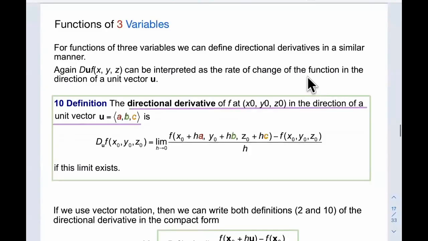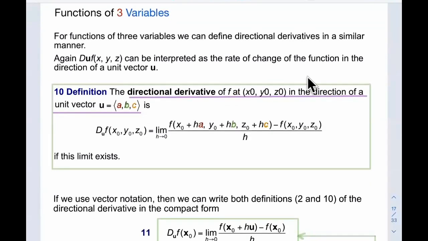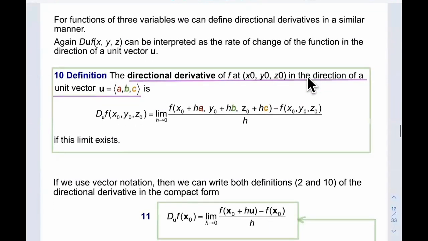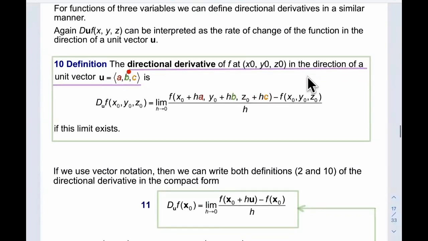Now we get to functions of three variables. It's very similar to a function of two variables. When the function had two variables, we didn't have this part here. Now, the directional derivative of the function of three variables at x naught, y naught, z naught.